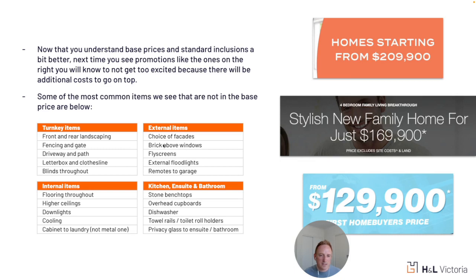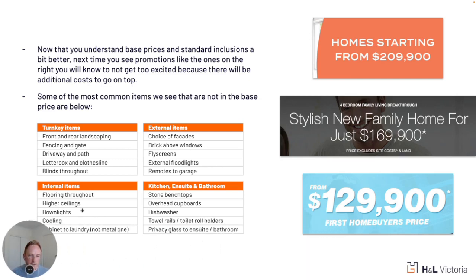External items like some facades, brick above windows, fly screens, etc. The flooring, higher ceilings, downlights, cooling, cabinet to laundry, not that metal trough. Stone bench tops, overhead covers, dishwasher, towel rails. Privacy glass to ensuite and bathrooms is another one you find commonly missed. So there's a little list you can use as you see fit, and hopefully that helps you.